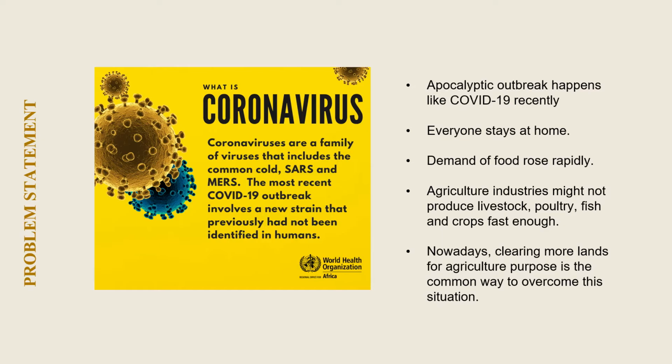Not to mention when an incident like the apocalyptic outbreak of COVID-19 happened recently, everyone is required to stay at home all day. Therefore, the demand for food rises even faster. The agriculture industries might not produce livestock, poultry, fish, and crops fast enough.